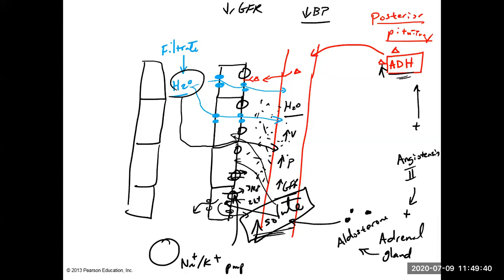So now the water is going to just go in and follow this solute. And the same thing happens: when more water is reabsorbed into the blood, volume gets higher, blood pressure goes back up, the GFR gets back up. So remember, we had low blood pressure and a low GFR at the beginning. Angiotensin 2 might take some time. It's not as fast as autoregulation, all right? Because you need the hormones in order to act upon it.